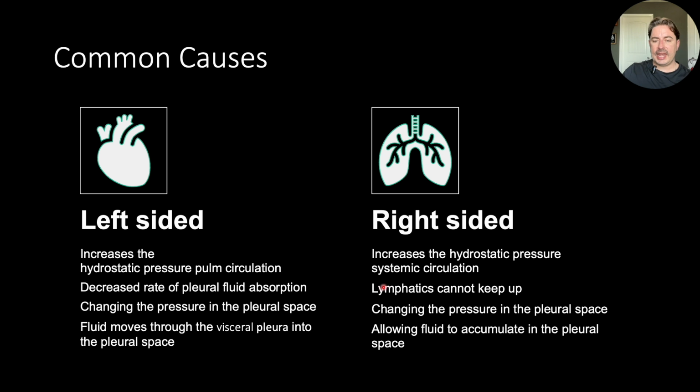The lymphatics cannot keep up with the amount of fluid being backed up, and the changing pressure in the pleural space allows fluid to accumulate in the pleural space. So the right side comes from systemic circulation, and the left side comes from pulmonary circulation.